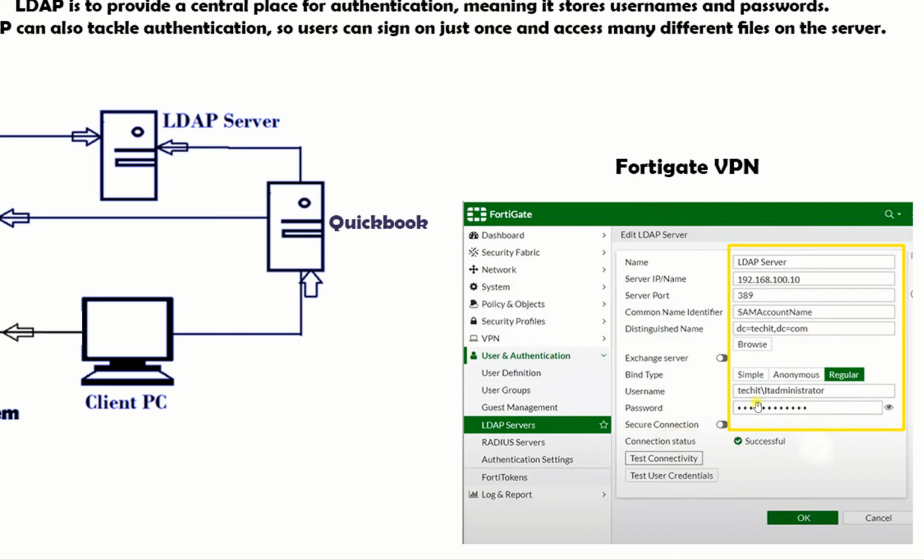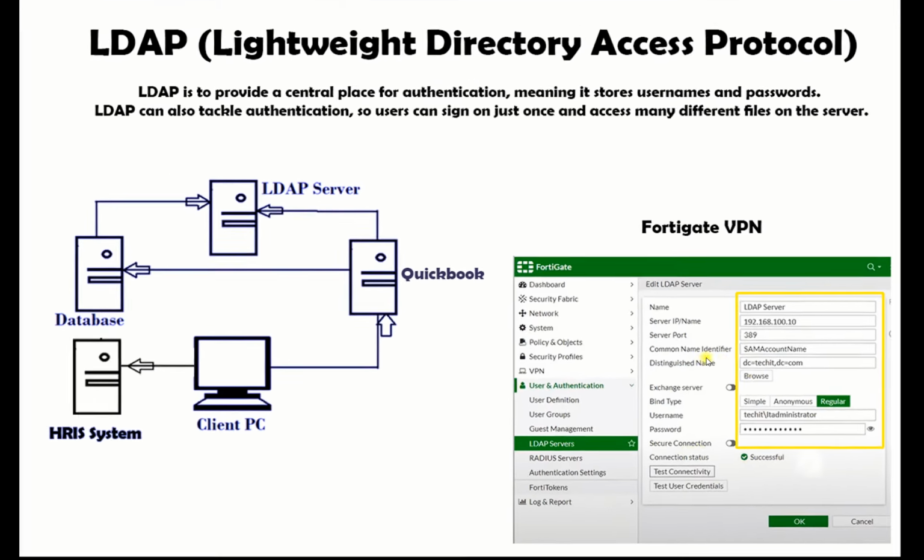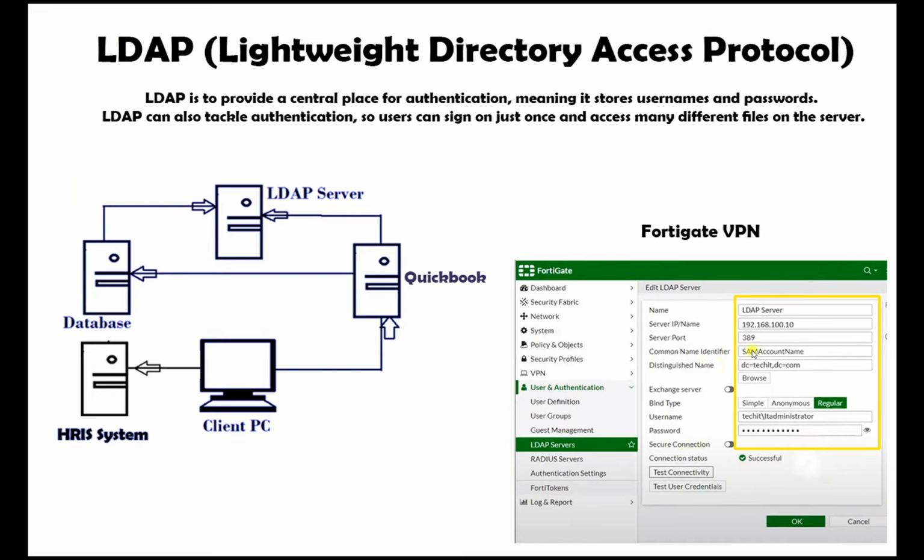Here you need to use a username authenticated from your domain controller. Here is my domain, the administrator username of my Active Directory, and its password. You just configure this on the FortiGate and test connectivity. If it connects successfully, it means your LDAP server has been configured.